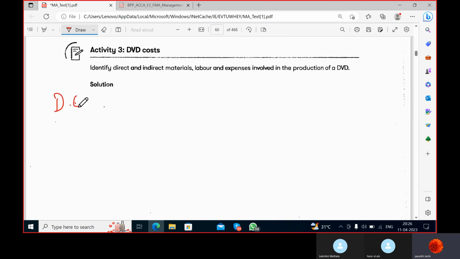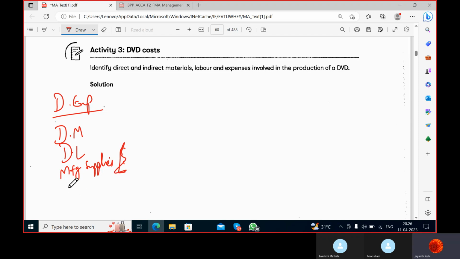Direct expenses: direct material, direct labor, manufacturing supplies, like various consumables which we are using in the factory, specifically for the factory, like factory stationery, factory paper and all.